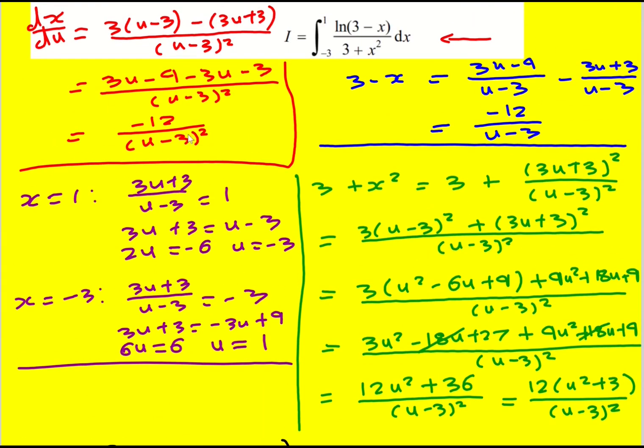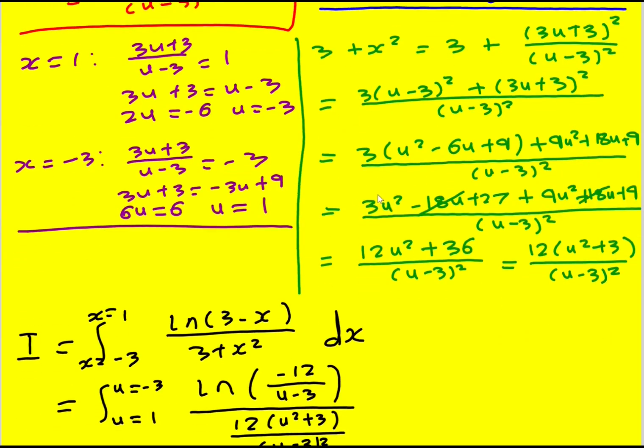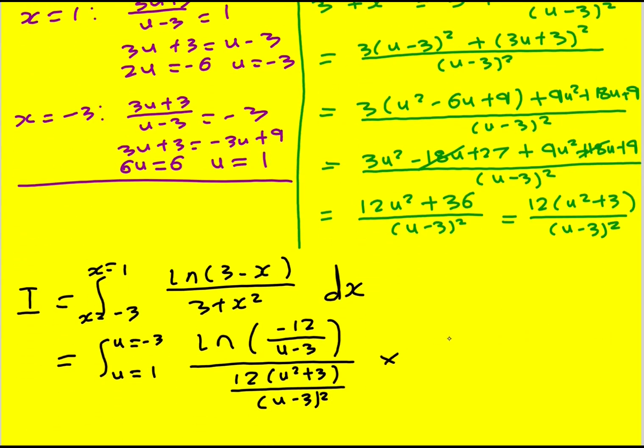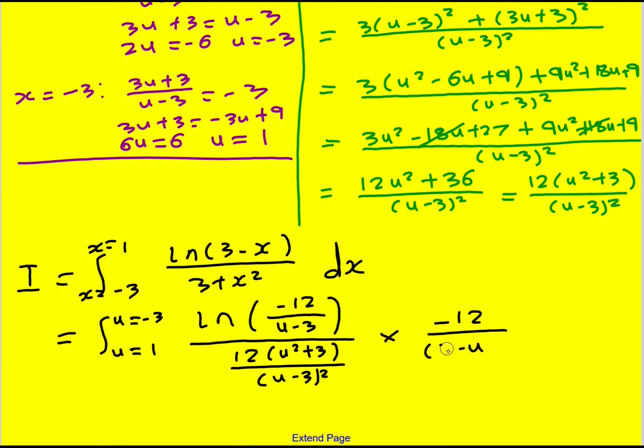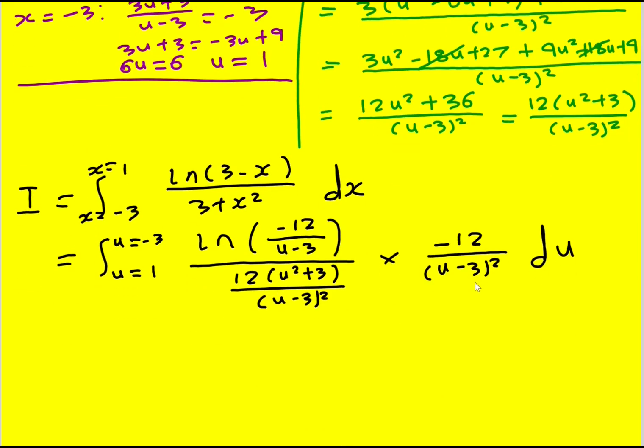And for that, I'm going to get minus 12 over u minus 3 all squared du. Now to cancel this down as much as possible.